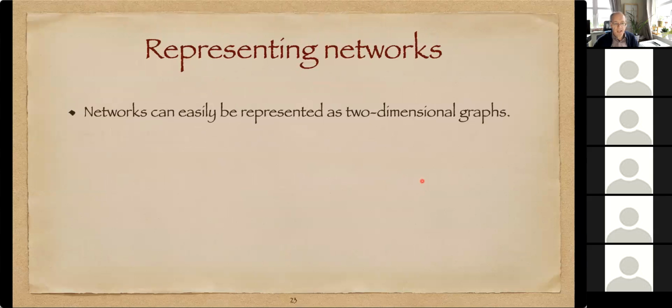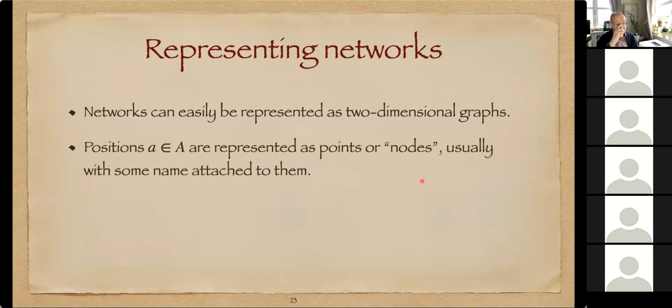Okay. The most important thing about networks, in some sense, is that we can so easily map them. It is essentially a mapping process, right? So networks can directly be drawn on a piece of paper. That is what the beauty of a network is. And so we get two-dimensional representations of those.